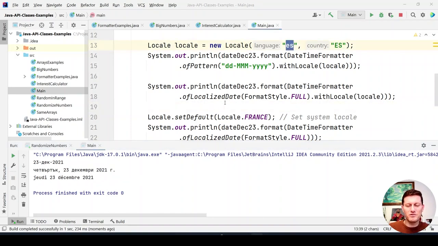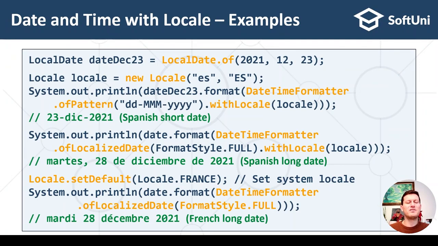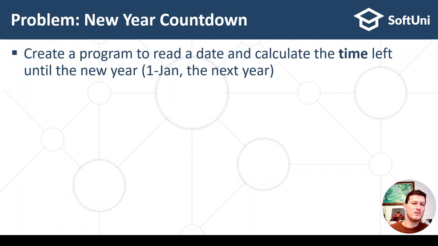So this is how this works, and that's all I want to show you about dates and time. Now it's time to solve a problem. You are assigned to create a Java program which reads a date and calculates the time left until the new year, which is the 1st of January of the next year.